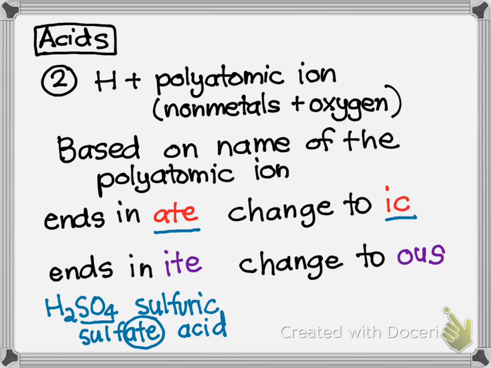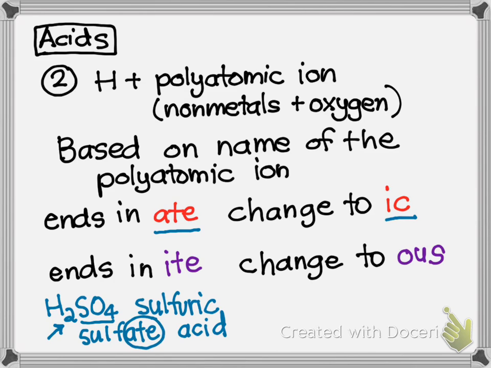So notice that there's no hydro in these. It's all based on the polyatomic ion. When you write the word acid, they know it's with hydrogen. Now, a question you may ask is, why does that have 2 hydrogens? Remember, it has to do with the charge. Sulfate is SO4 2 negative, so it takes 2 hydrogens.